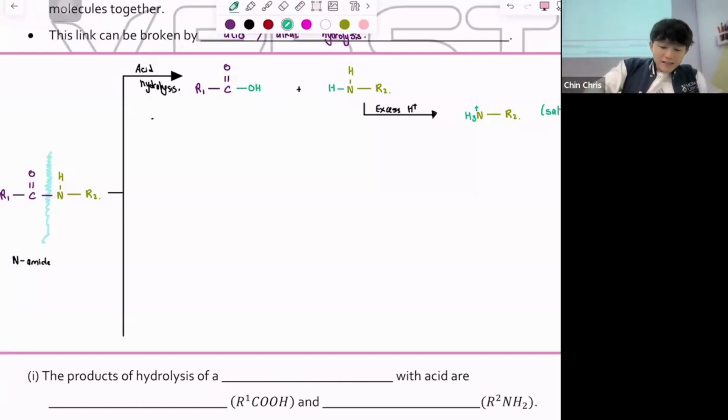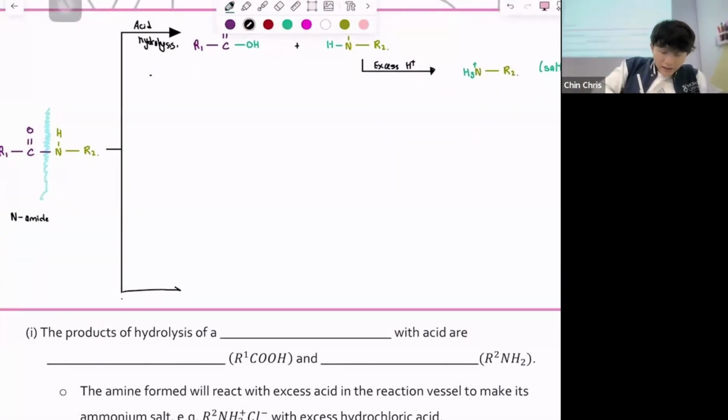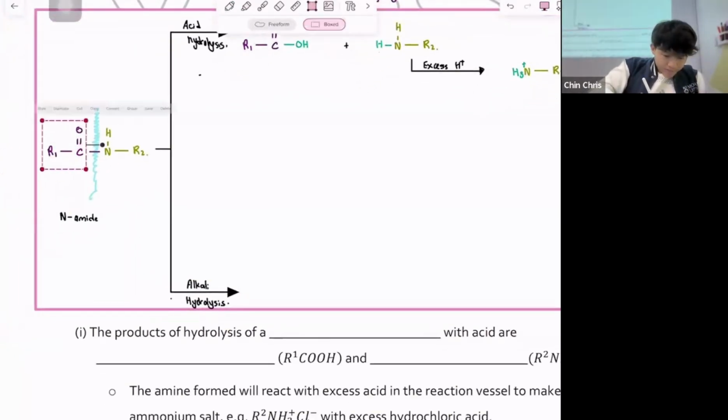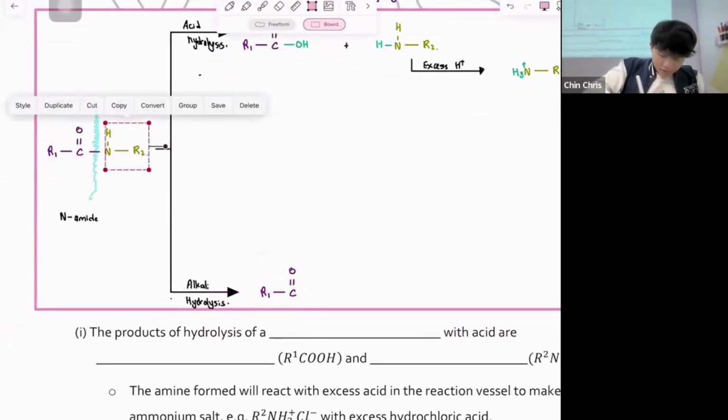All right, guys, let's say you put it under alkaline hydrolysis, which means you are putting it with a base, for example, NaOH. So you are not getting an acid now, you are getting a salt, and you will get an amine.